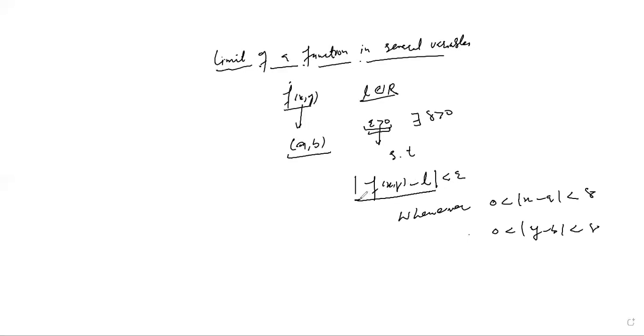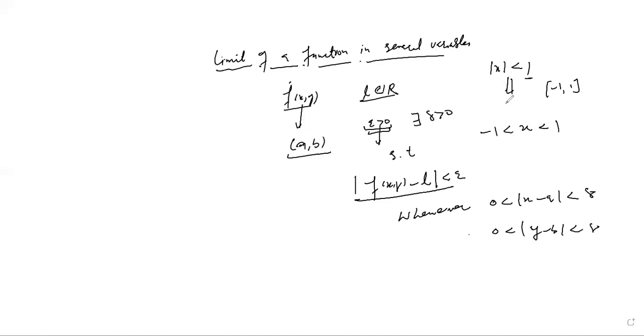So if we explain this notation, you know that if mod of x is less than 1, then we can substitute the values of x from -1 to 1. That means if we use its definition here, x is greater than -1 but less than 1.